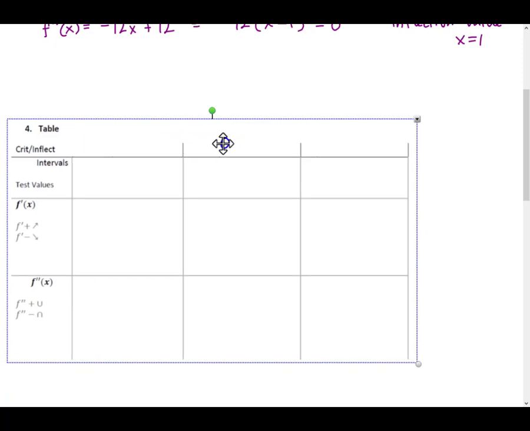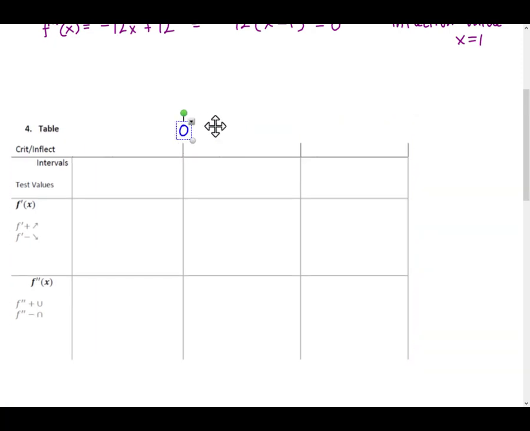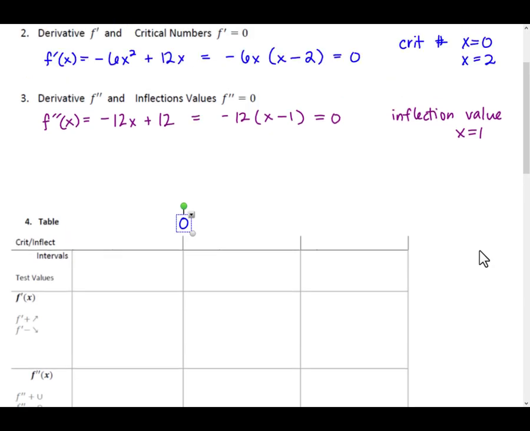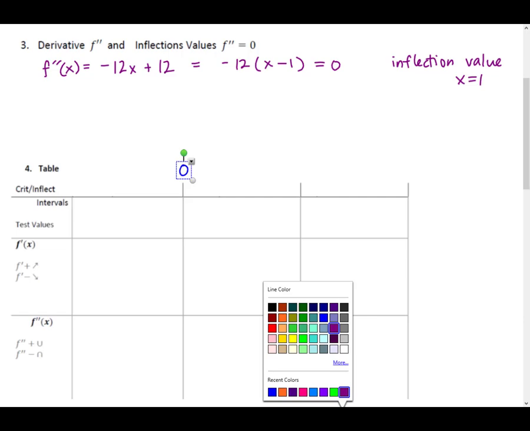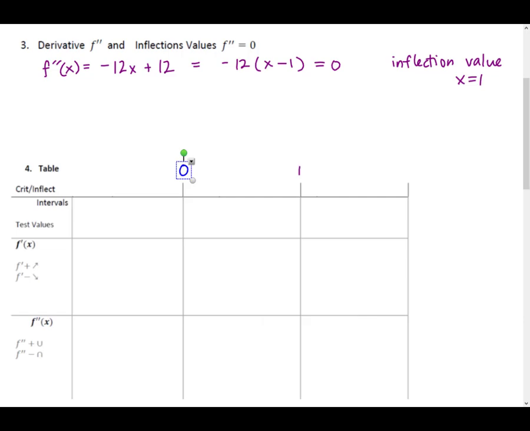I'll just extend this line, we'll know that goes on a little further there.